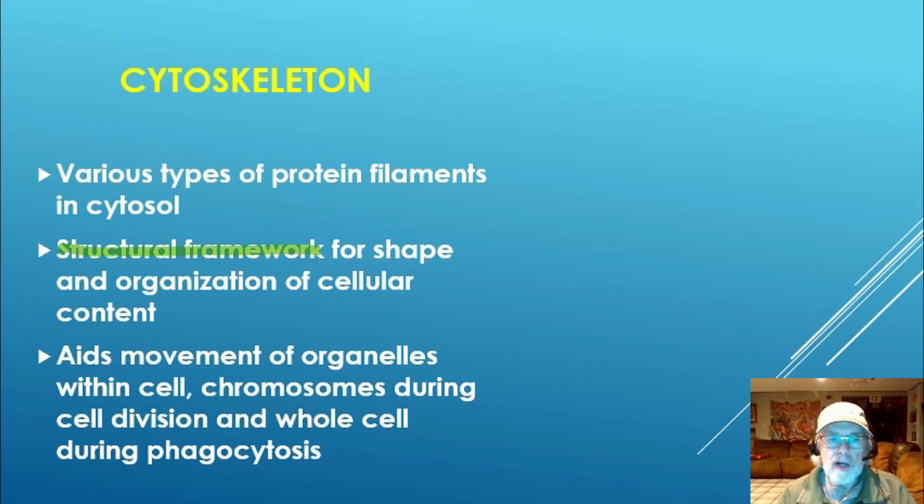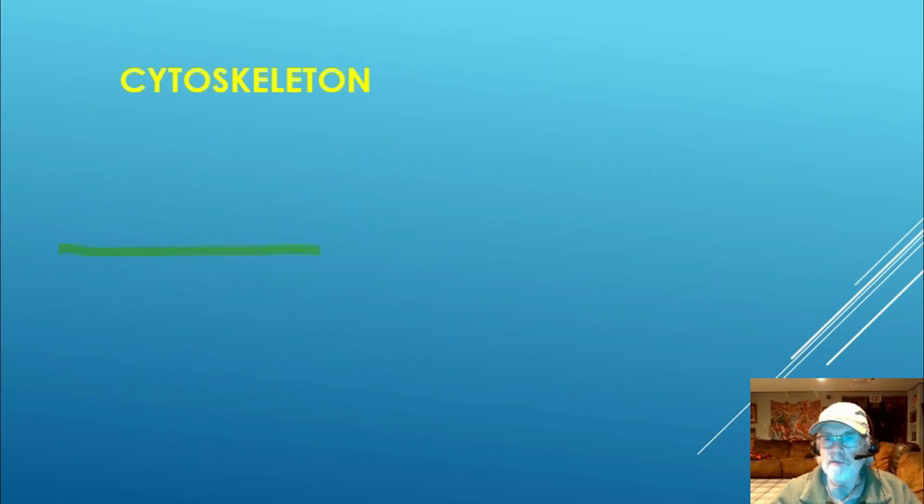Also, inside a cell there may be other types of filaments, part of the cytoskeleton, that go from side to side, top to bottom, front to back, and allow the organelles to hang from them. As a result, it keeps those organelles in their place, so the cytoskeleton helps organize things a little bit.